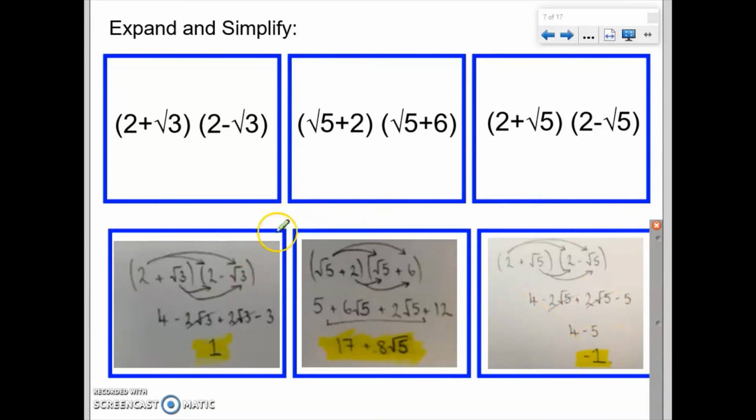So just be aware that on some of your exam questions or test questions, when you're expanding brackets involving surds, you may find that you're just left with a whole number, if the question is set up similar to this and your irrational part ends up as 0 once you come to simplify.